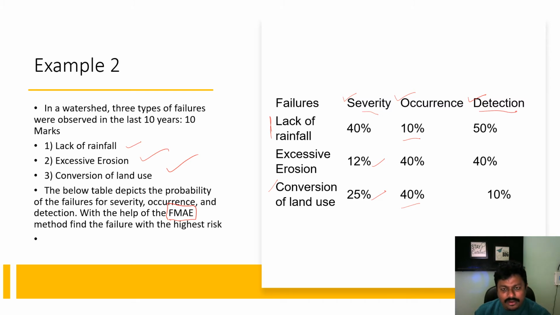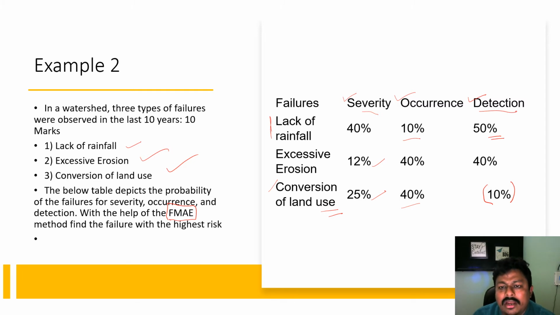But after few years, you will see that there is a significant reduction in the water holding capacity of the watershed due to the change in the land use. So, as you can see, 10% means this type of failure is rarely detected, and 50% means this type of failure is very commonly detected, or I can say instantly detected.